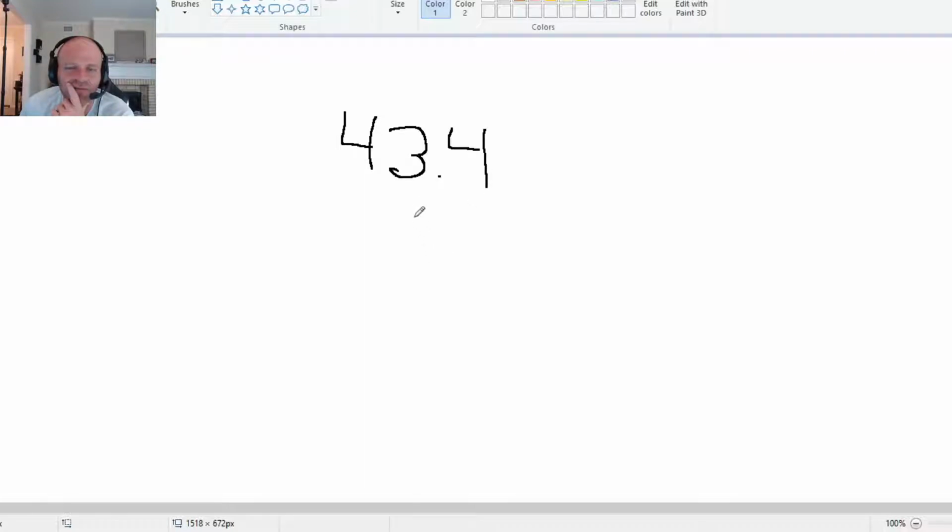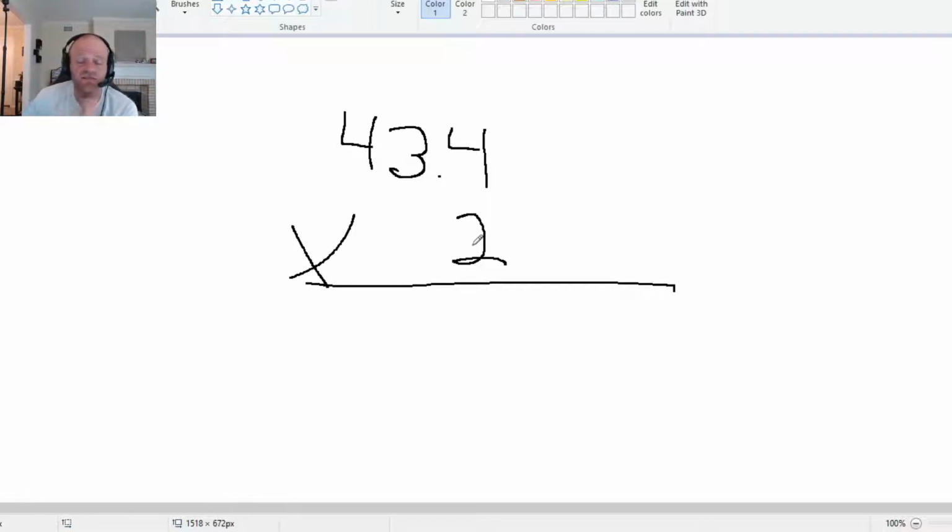For multiplication of significant figures: 43.4 times, let's say 2. So this is multiplication. For multiplication, I have to use the same number of significant digits as whichever number has the least, and that's how many I'm allowed to use for the answer.